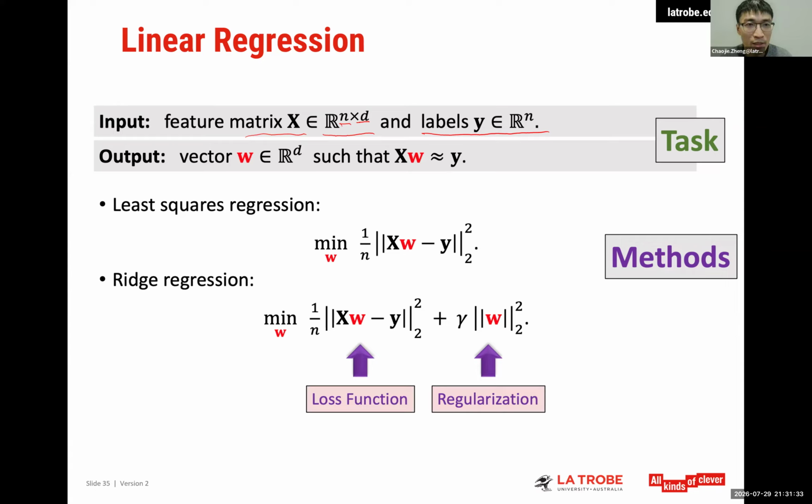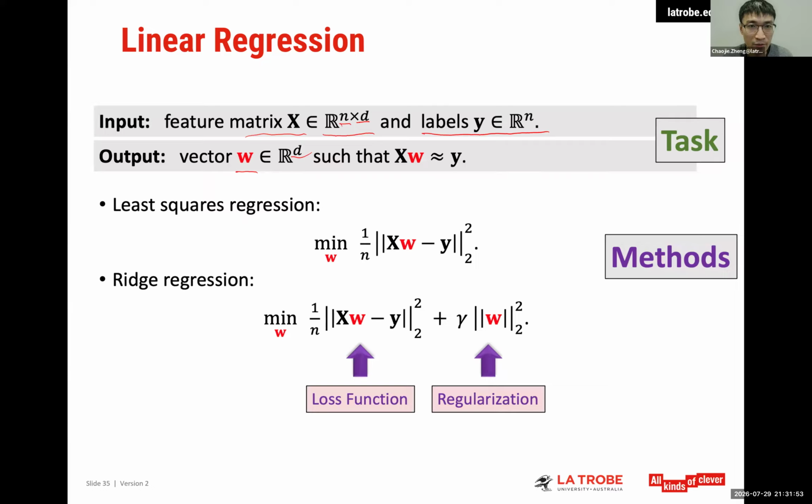And the output should be the weighting vector, a vector of size d corresponding to each feature in the feature vector.